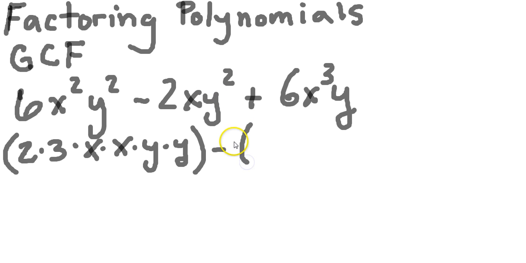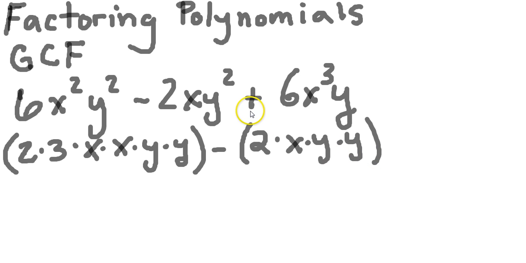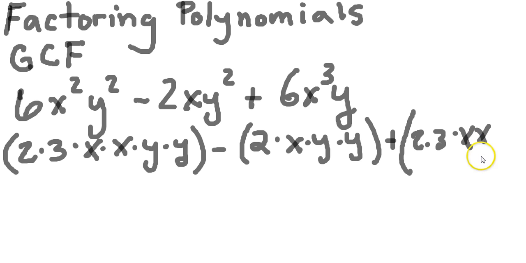In open parentheses, after our minus sign, we can't break that 2 down any further, so it's just 2 times x times y times y, close parentheses. And last but not least, we have this plus 6x cubed y. So plus, open, 2 times 3 times x times x times x times y, close parentheses.